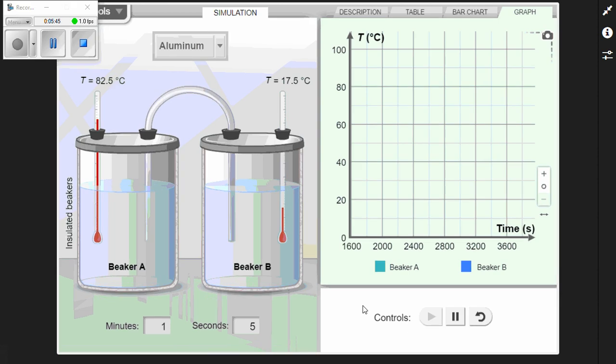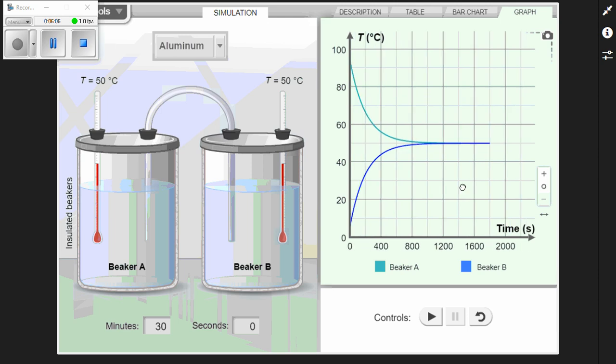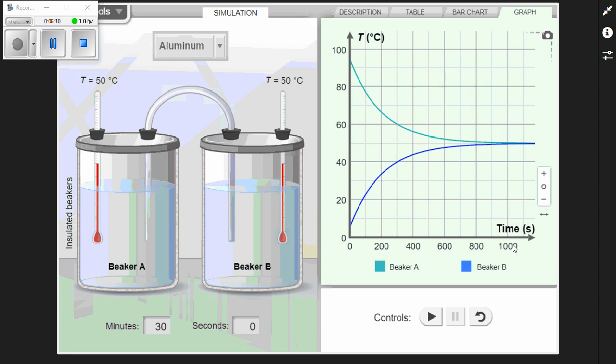So look, the temperature changes here, and it goes to about being the same temperature, happening rather quickly here. I'm going to pause it now. And if we take a look here, it happened at about 1,000 seconds.